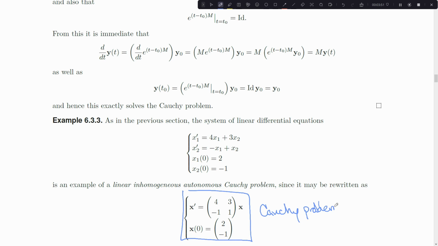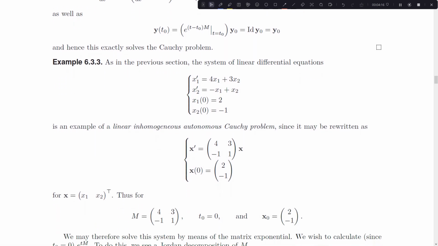It's maybe a little bit not right to talk about the system as a Cauchy problem, but once we convert the system into this kind of vector valued ODE, then it is a Cauchy problem, and hence we have a solution. So our theorem tells us how to find the solution of that. We just need to compute the matrix exponential.